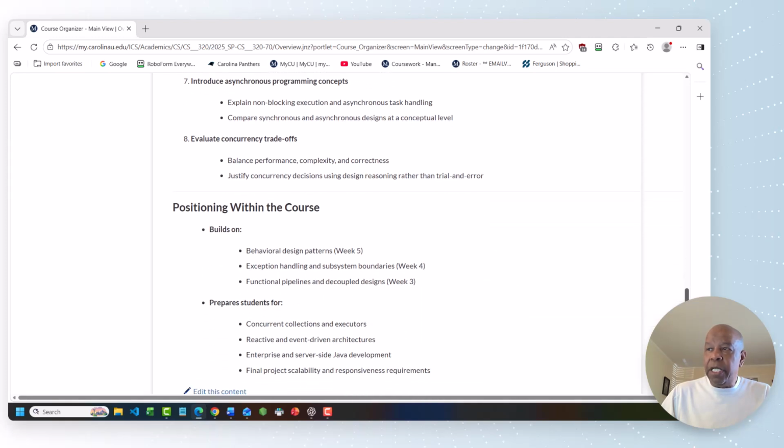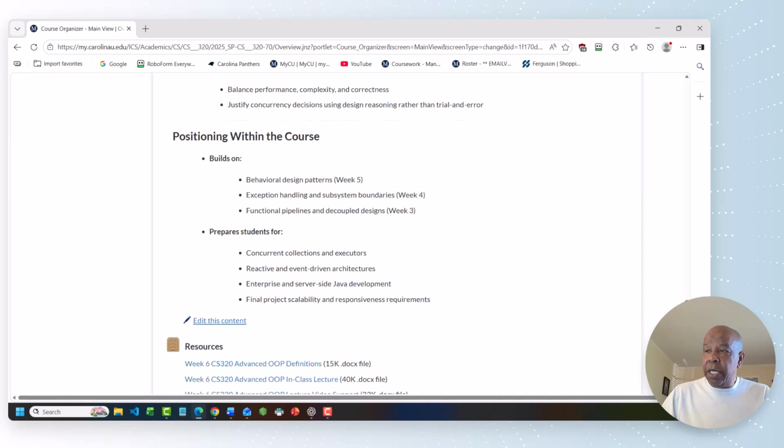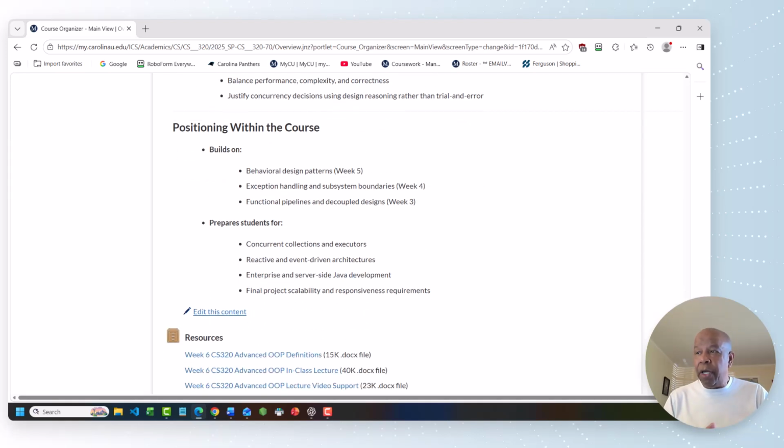As far as the positioning of the course, it builds on the behavior patterns we talked about in week 5, exception handling and subsystem boundaries in week 4, and functional pipelines and a couple of design patterns in week 3. It prepares you for concurrent collections and executors.